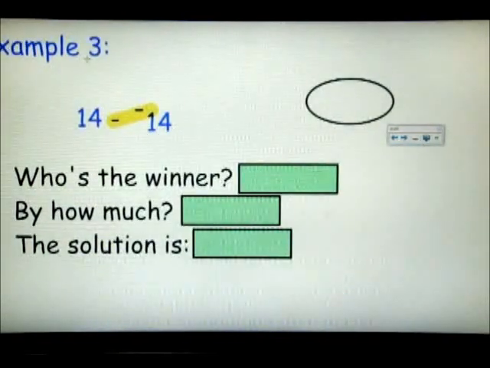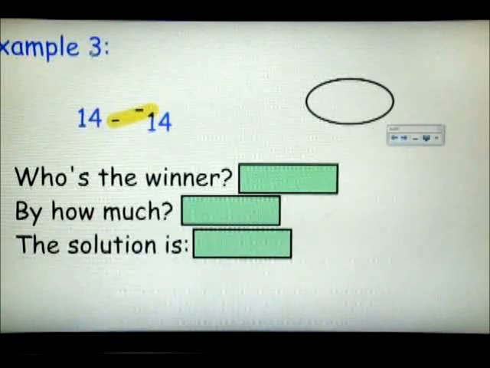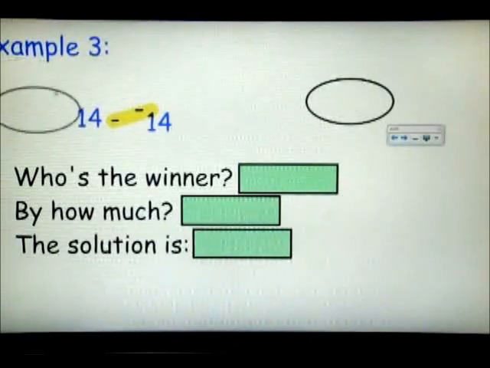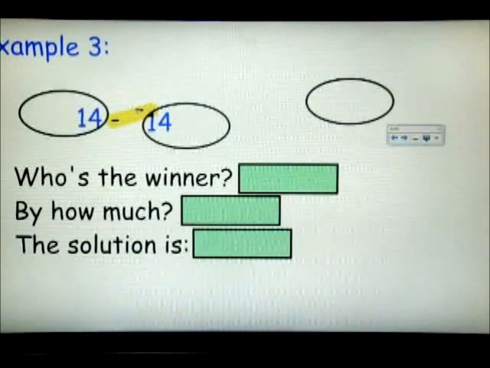Now in class tomorrow, I'm going to show you mathematically why what I tell you here is true. I'm going to totally prove it to you. But for right now, I want to go over what a minus and a negative means. When you see a minus and a negative together, they're going to cancel each other out to become a positive. So this isn't really a 14 and a negative 14. It's a 14 and a 14 because these two signs turn into positive.